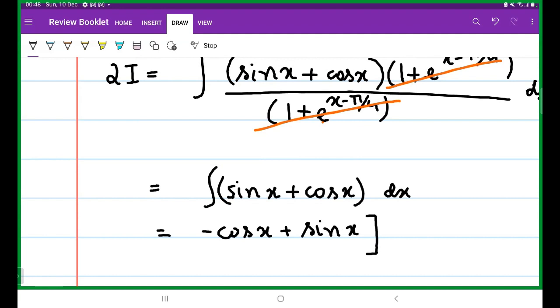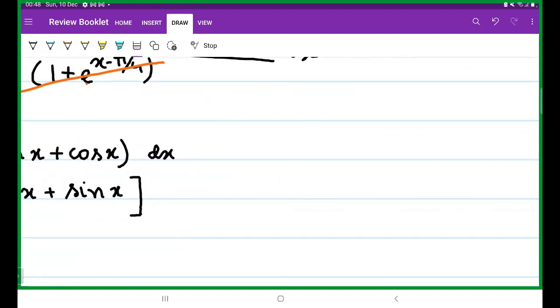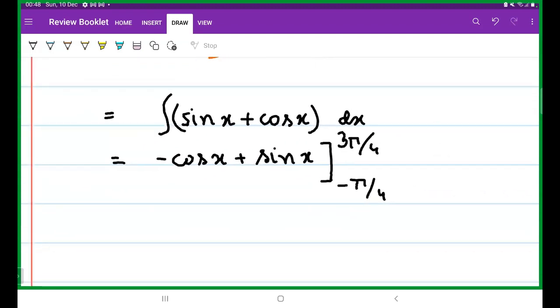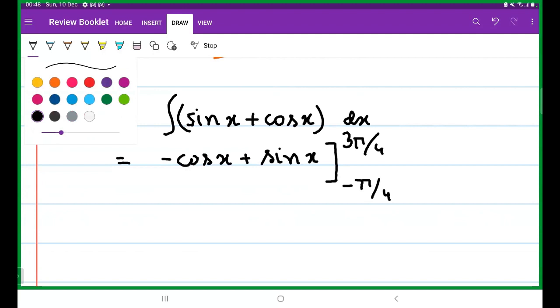and their limits are from minus pi by 4 to 3 pi by 4. Let me put the values in here.